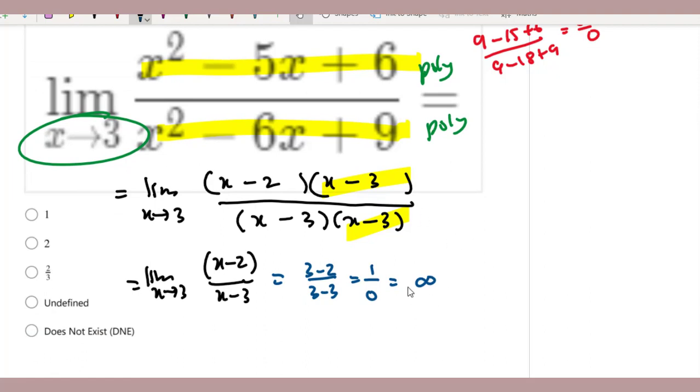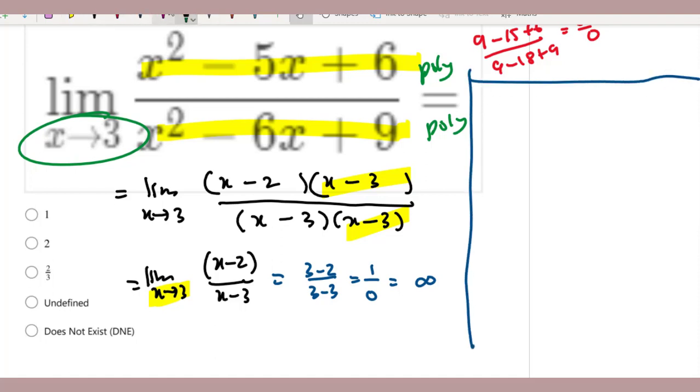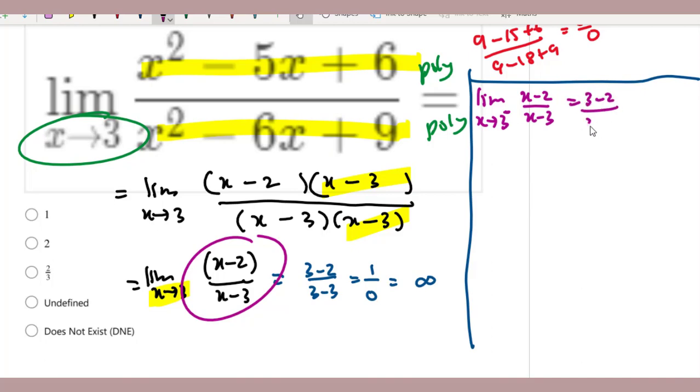And when it is infinity, you have to check, since x approaches 3, whether on the left and on the right. Let's do the left and the right separately. Find the limit of this function, x minus 2 over x minus 3, as x approaches 3 from the left. Substitute 3 minus 2 over 3 from the left minus 3.